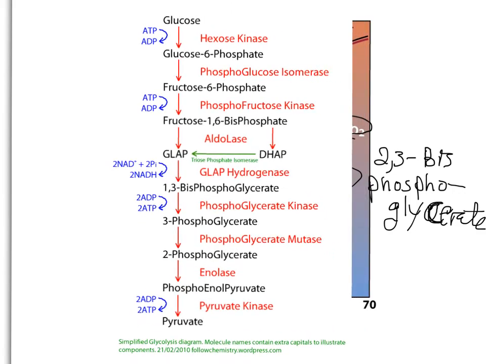If we look here, 1,3-bisphosphoglycerate gets converted into 2,3-bisphosphoglycerate. There's a mutase, or a transferase, that can help shift the phosphate. In essence, it doesn't quite do it this way, but it's like it shifts the phosphate from the 1 position to the 2 position.